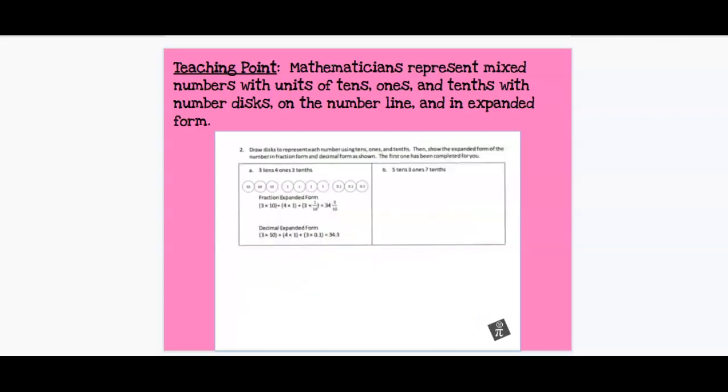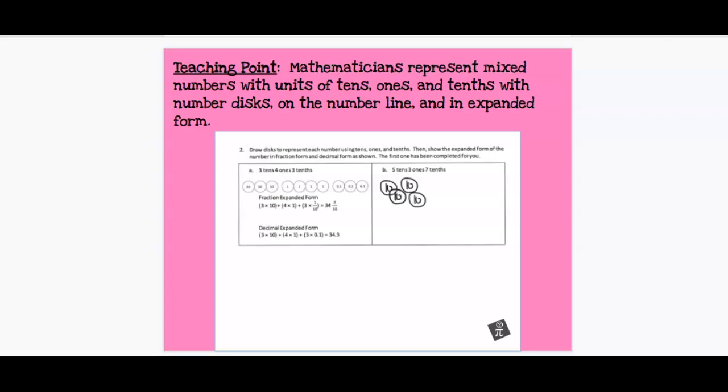Here, draw discs to represent each number using tens, ones, and tenths, and then show the expanded form of the number in fraction form and decimal form. So here's our little format here. So 5/10. So what is 5/10 going to look like? Well, 5/10 is going to be, here's a 10, and we need 5 of those.